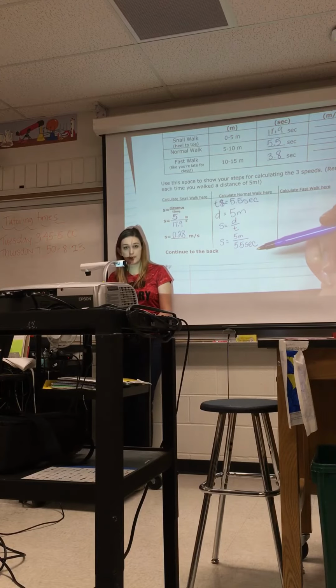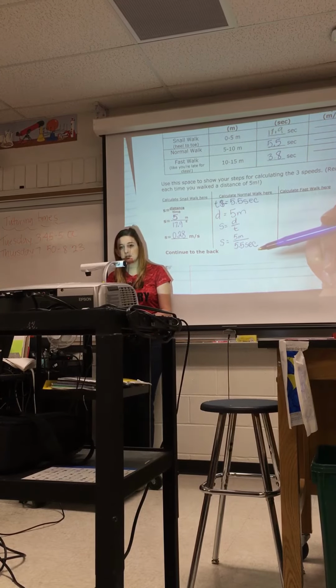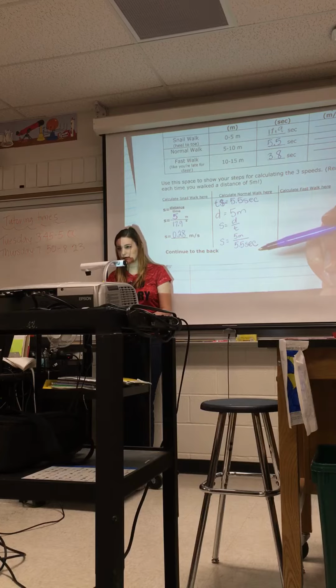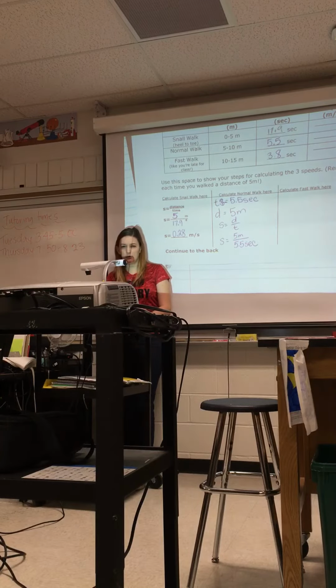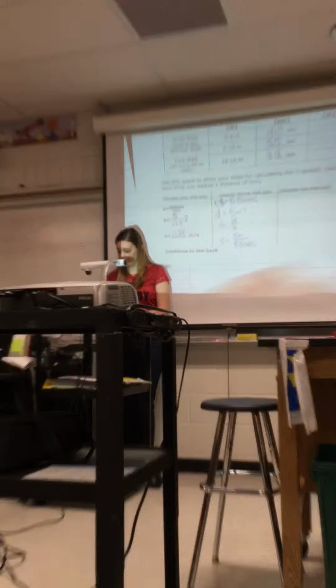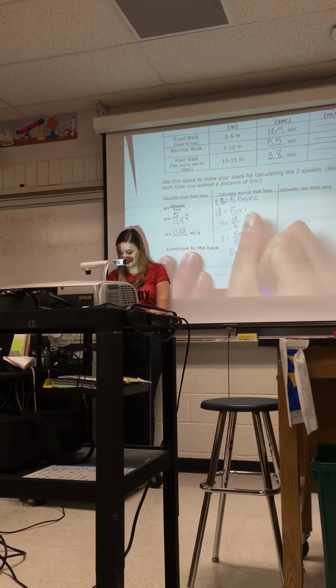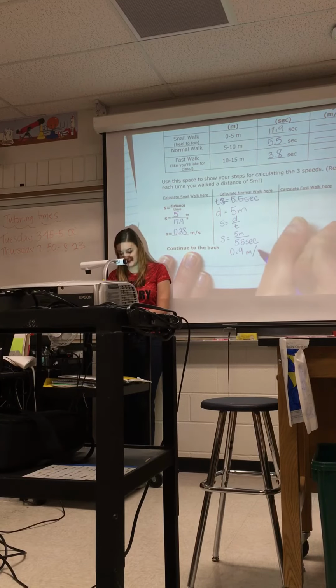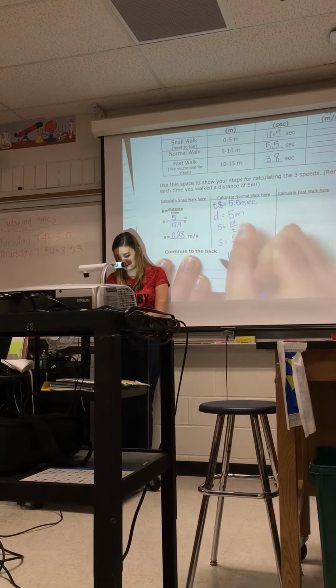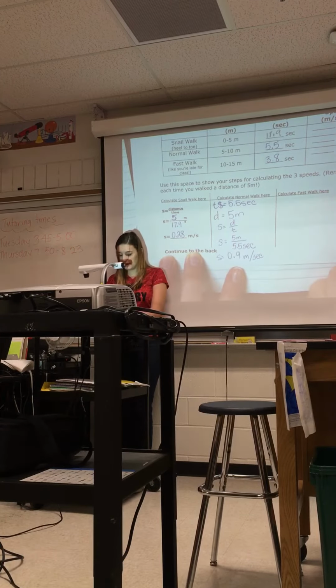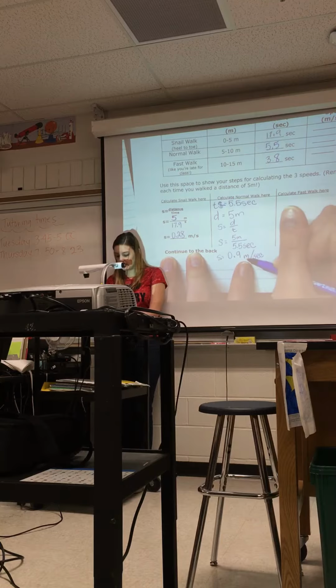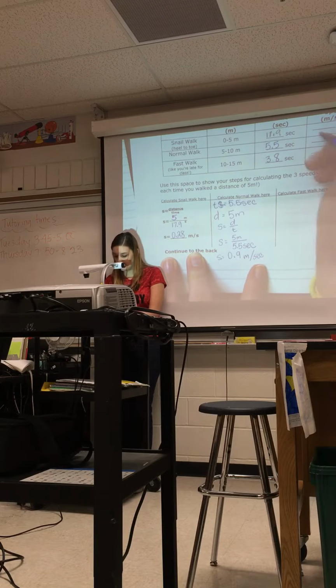0.9. What'd you get? You got 0.9. Okay. So 0.9 meters per second. My speed is 0.9. Meters were on top, seconds were on bottom. So I get 0.9 meters per second.